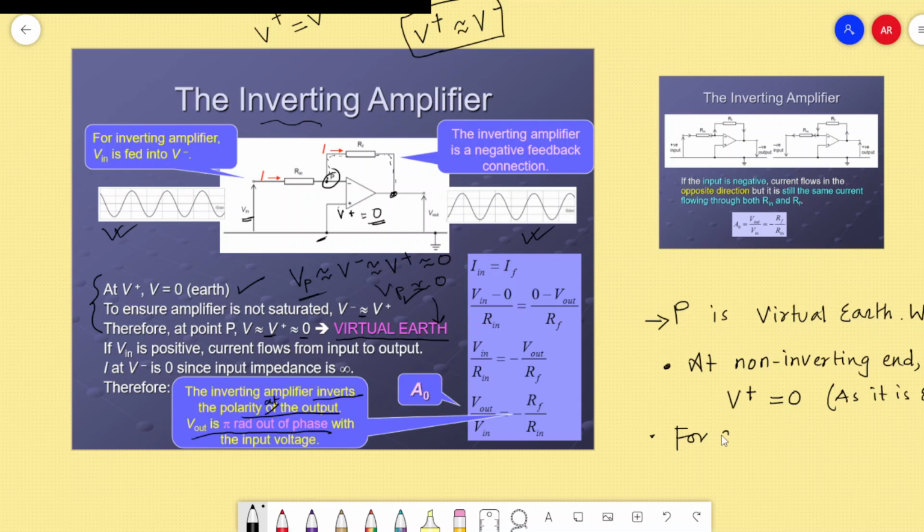For the amplifier, this is essential to write: V plus should be almost the same as V minus, for the amplifier not to saturate.